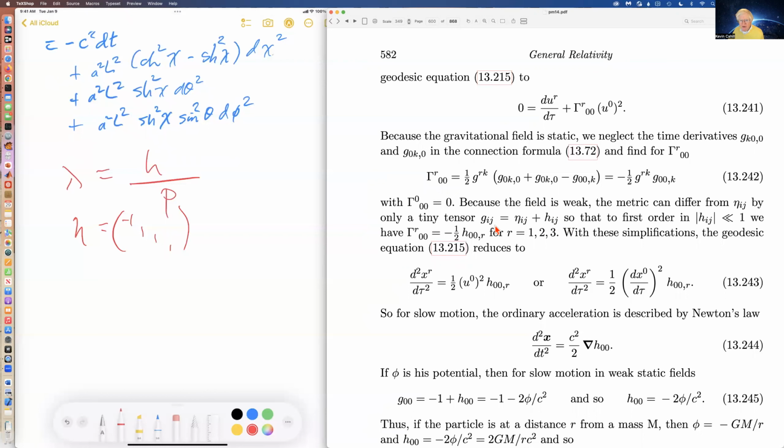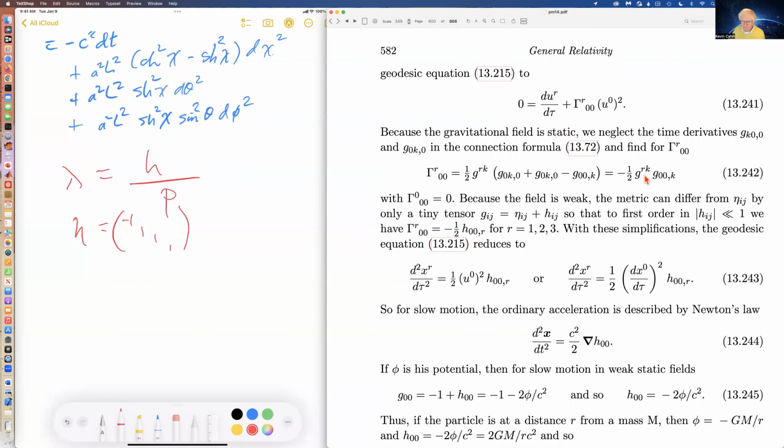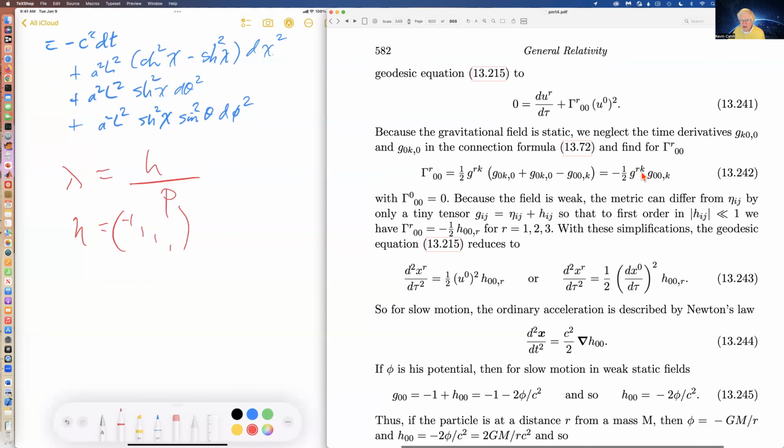And so to first order, gamma^r_00 is just the rth derivative of h00, and this is just g00, or just -1, or minus c squared.